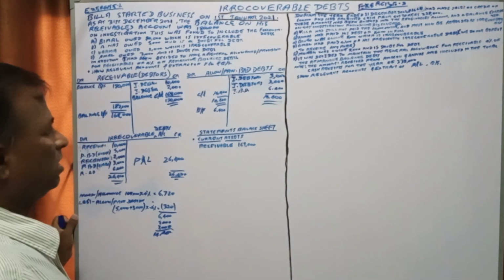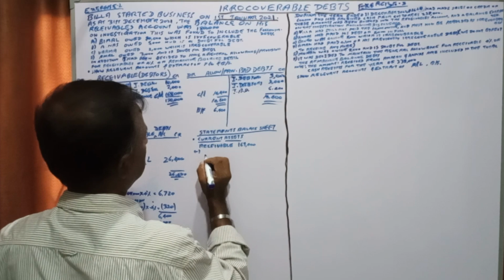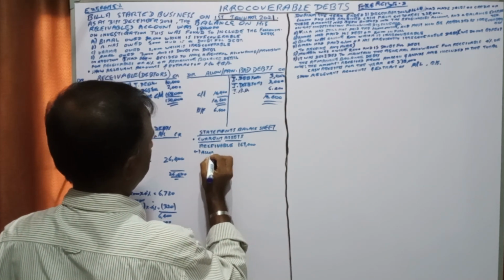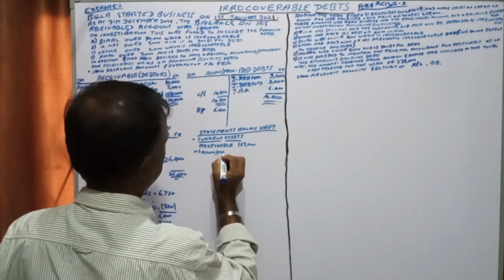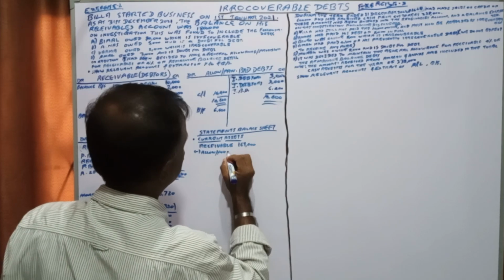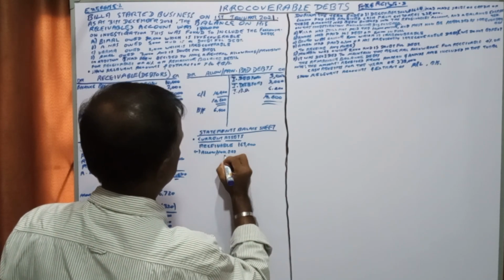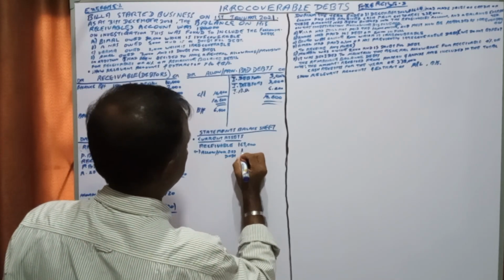Less allowance or provision for bad debts. It was 14,000.